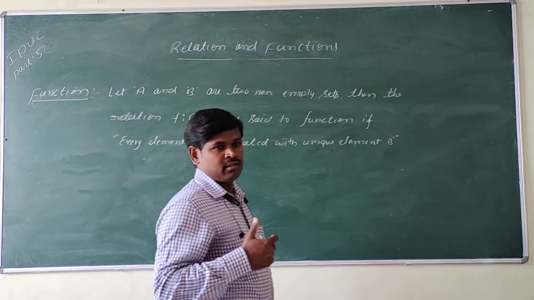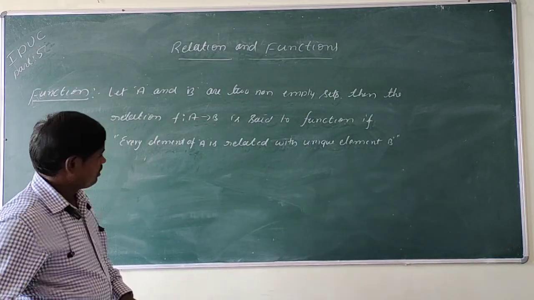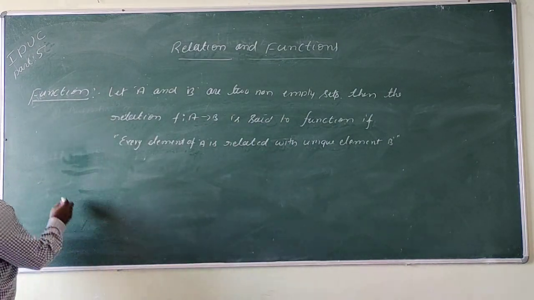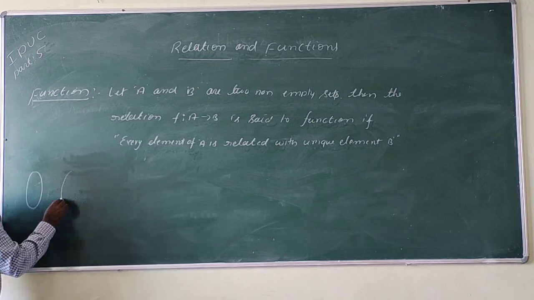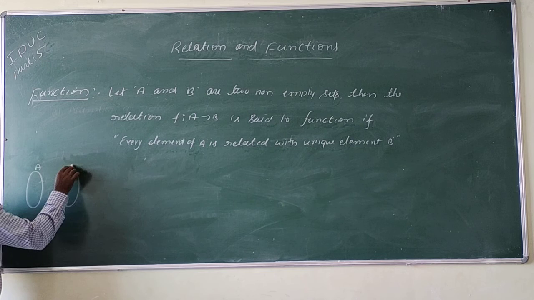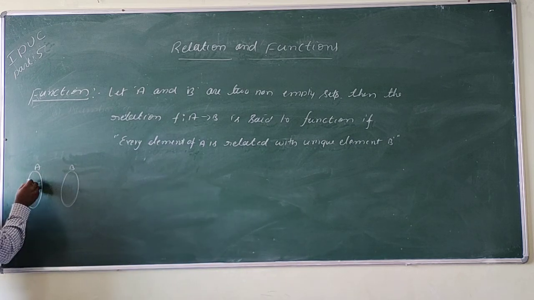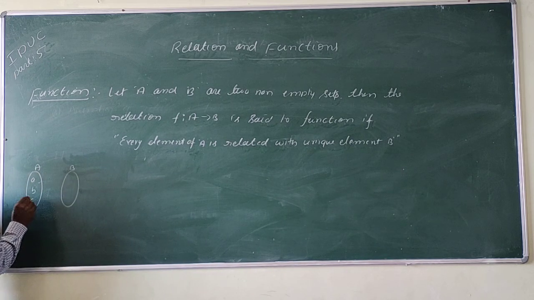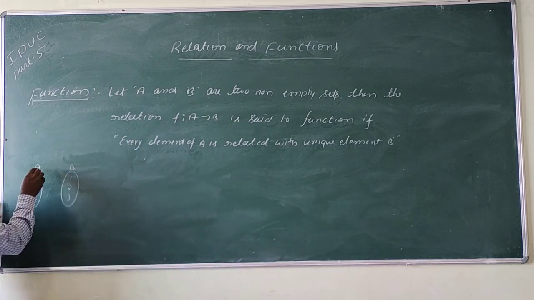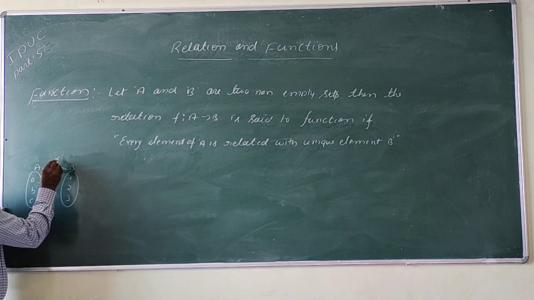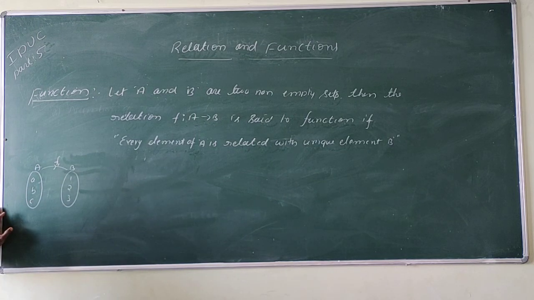What does it mean? See here, I am taking an example. Suppose this is set A and this is set B. Set A consists of the elements a, b, c and set B consists of 1, 2, 3. This is the relation F1, the first relation I am taking.